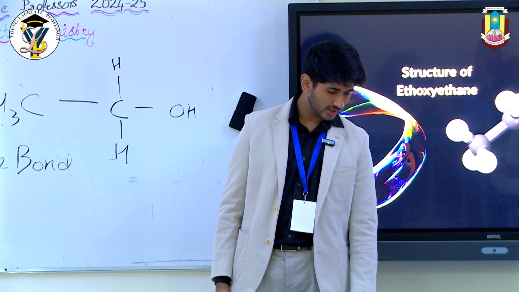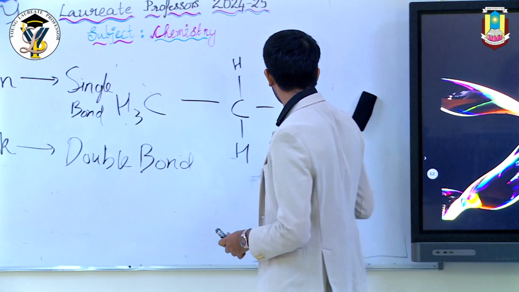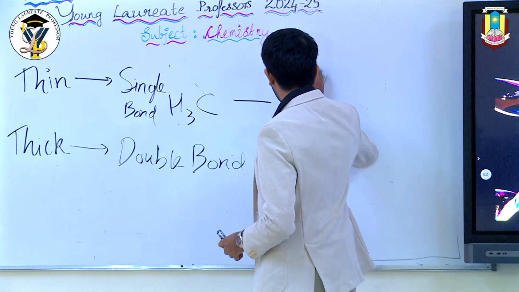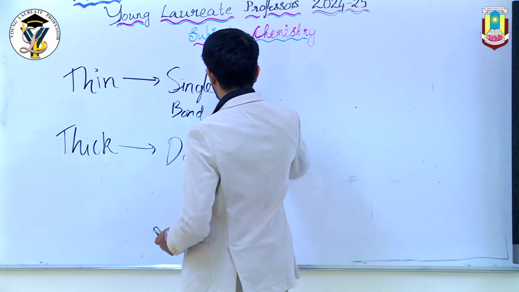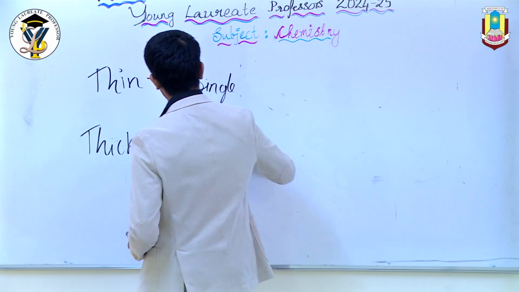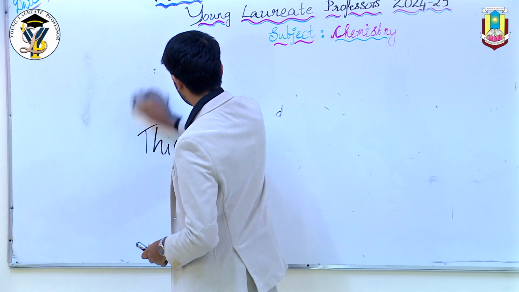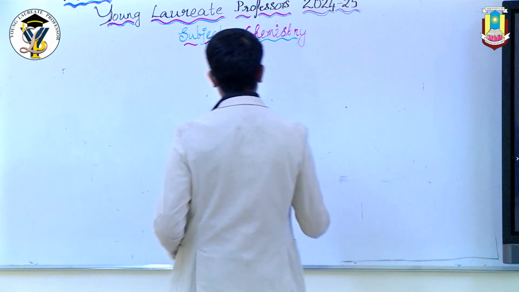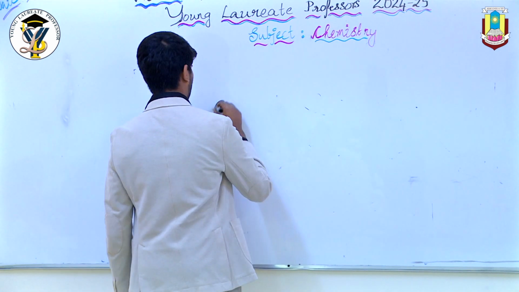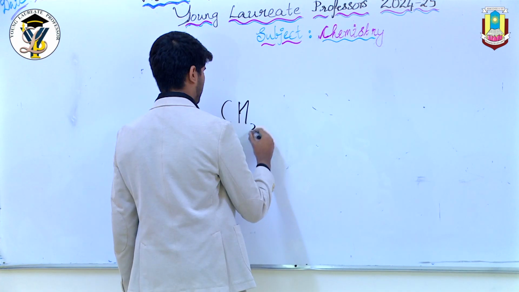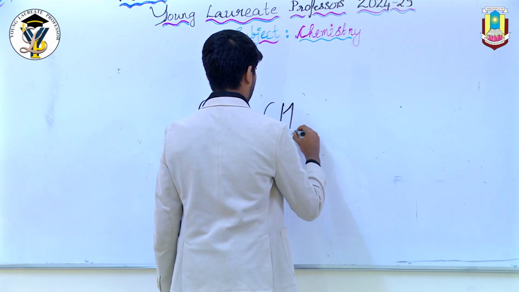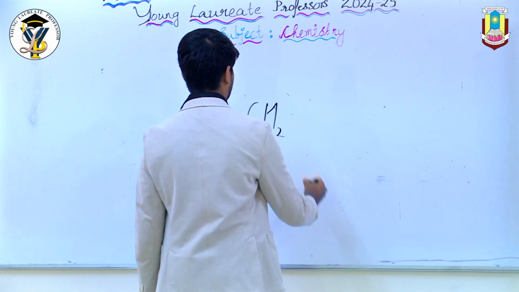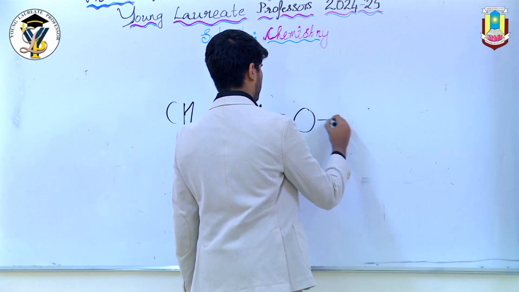Now let's see ethoxyethane. This is also quite an easy structure to remember because it is symmetric. This consists of two ethane molecules connected by an oxygen.